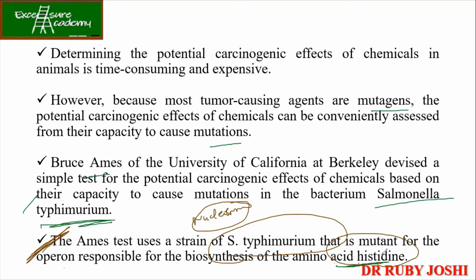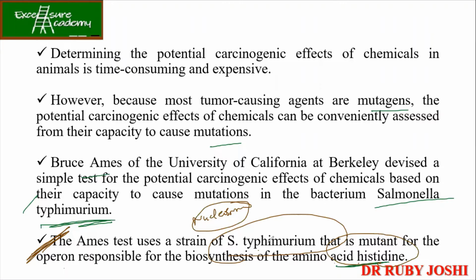Okay? If a chemical agent is mutagenic, what will it do so that you will understand that it's mutagenic in nature to the Salmonella typhimurium? Maybe it might start producing histidine. Exactly.